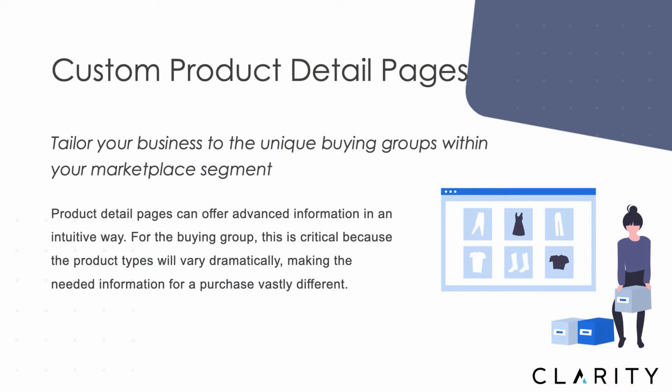So let's talk briefly about what a product detail page is. I want to make sure everybody understands the basics. If you've ever gone to jcpenney.com or dillards.com and you're searching for clothing and you click on tops, it shows you all the different tops. When it shows you all the different kinds that are available, that would be what we call the category landing page. So you've got women's tops, men's tops, sports tops.